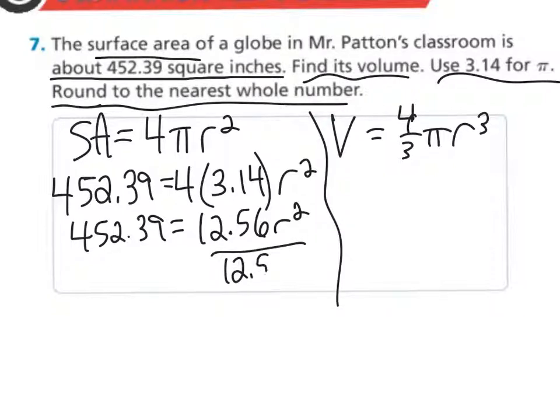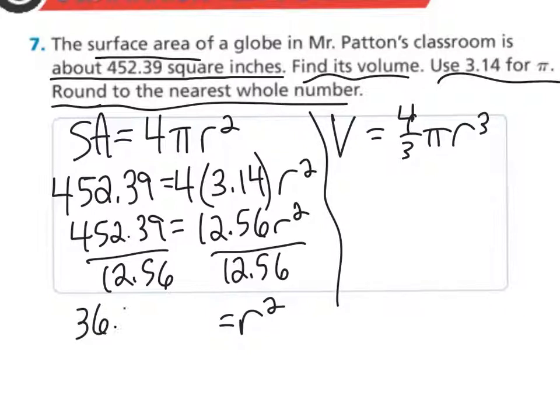Then they're multiplying, so we divide by 12.56. When you divide that out, it's not very nice: 36.0183121, and this is actually going to keep going. It doesn't end there, but your calculator only shows so many digits.